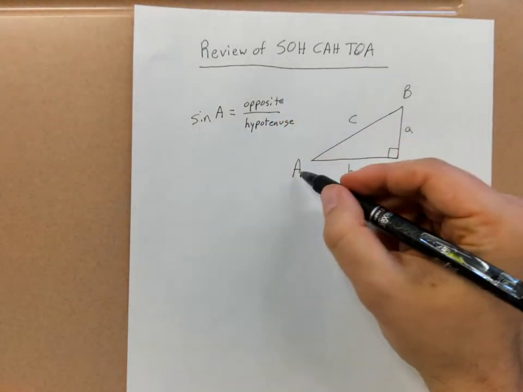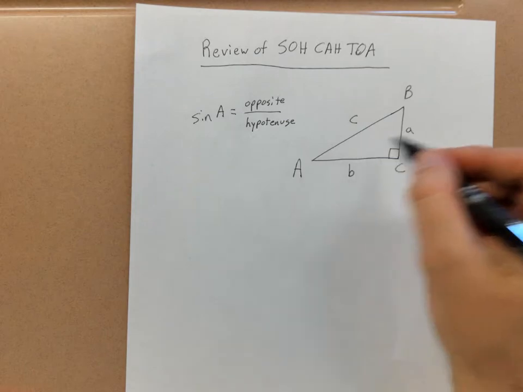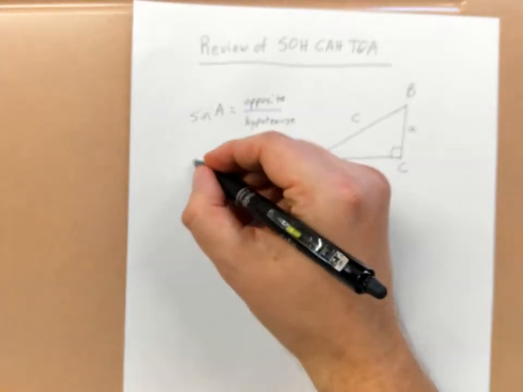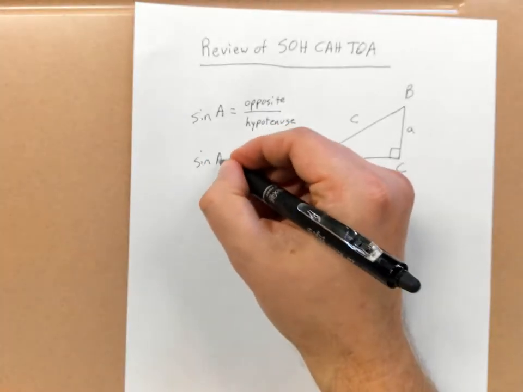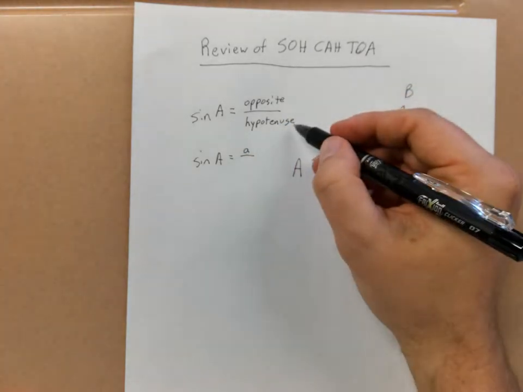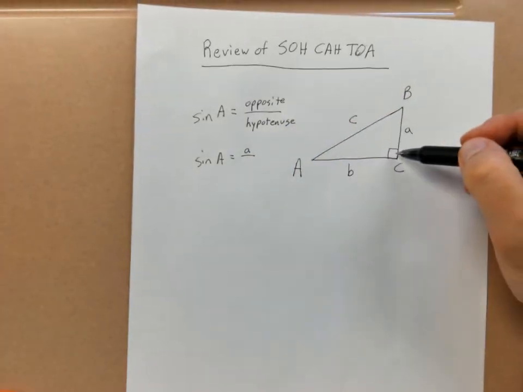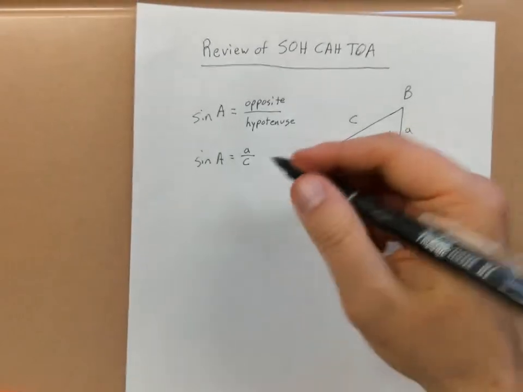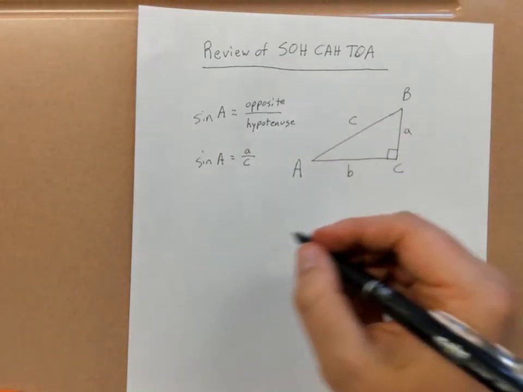And so if I'm using angle A here, the opposite side is going to be little a, so my sine of A is going to equal little a divided by, now the hypotenuse, if you remember, is always the side that's opposite the right angle. So that's going to be C. So sine is always opposite over hypotenuse.